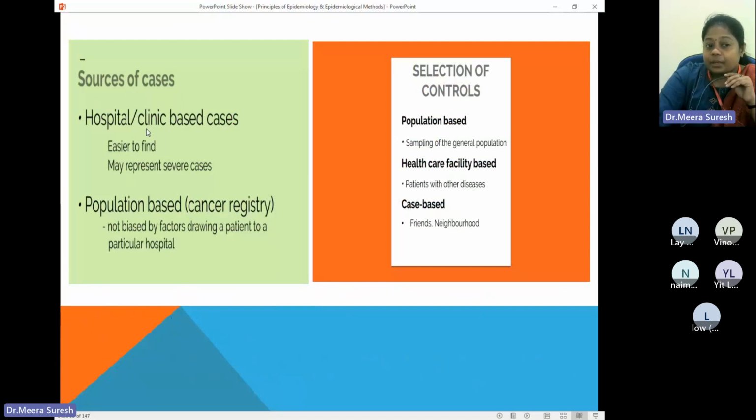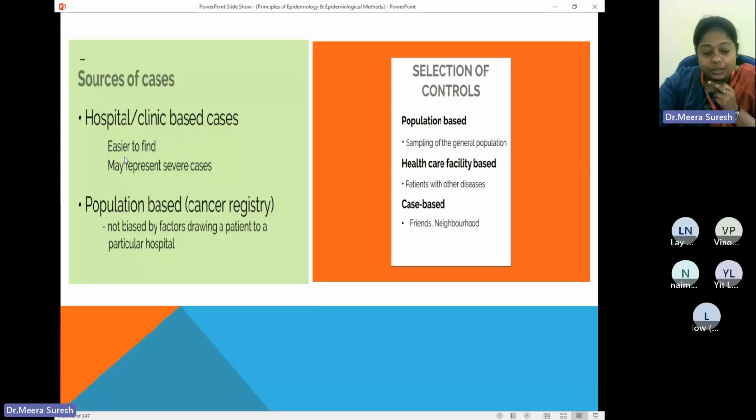So sources of cases from hospital, clinic based, which is very easy to find, and it can represent severe cases, because this is one of the problems with selection bias. We take a hospital and we take patients from there. So in a way it is very easy, just go to the hospital, you get the cases. But there is a problem associated.